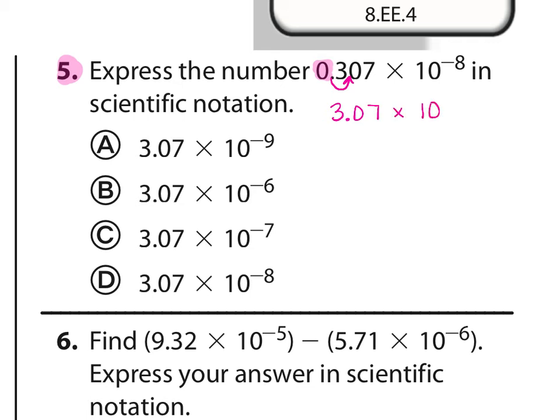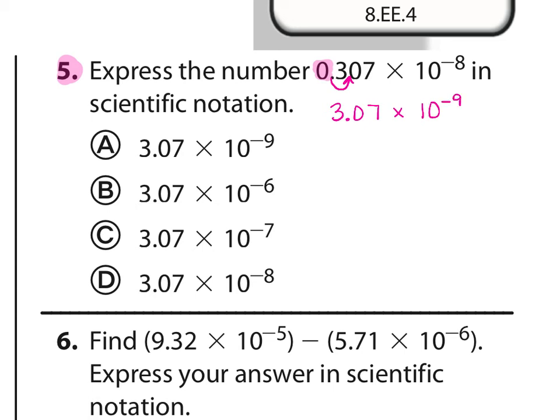And this could get a little confusing because we've got to think about which direction our number is going to go up or down for our exponent. But since the number, this first factor, got larger, then our power of 10 should be smaller. It should be to the negative 9th power.